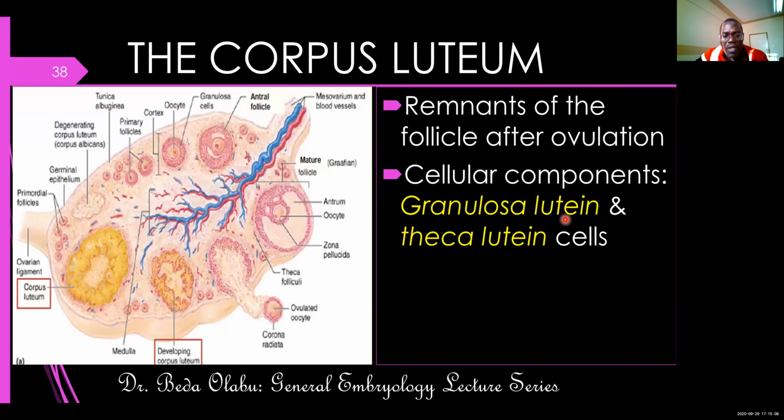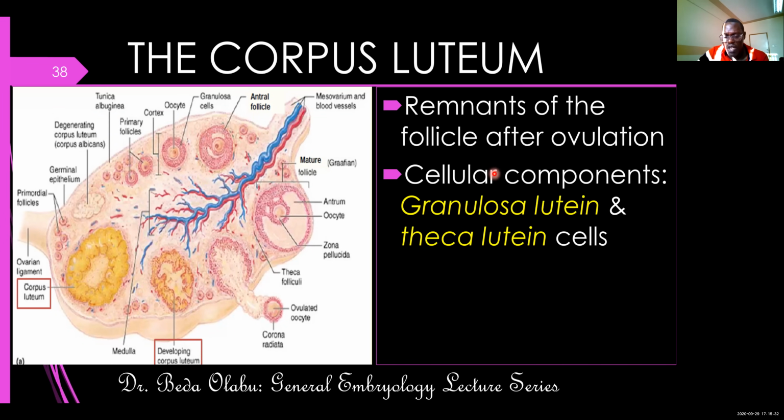Also remember, the theca folliculi remained. The cells of the theca folliculi constitute what we call the theca lutein cells. The point here is these are the cells of the corpus luteum. To distinguish them from the cells of the Graafian follicle, we are adding that lutein.